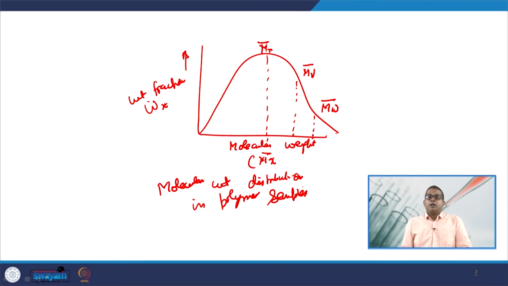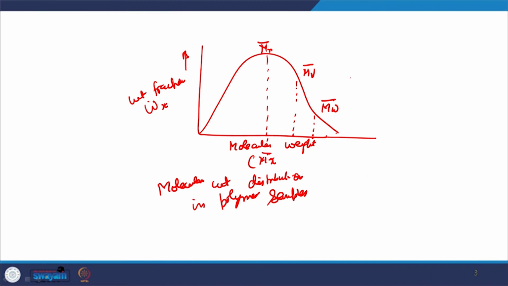Now this particular graph is important in this context, because sometimes, because of the complexity of nature, you may require all three types of molecular weight distribution pattern. So it is extremely important to analyze this curve, because sometimes you may require vetting of data during the polymerization process, and this approach is extremely useful to carry out this analysis.